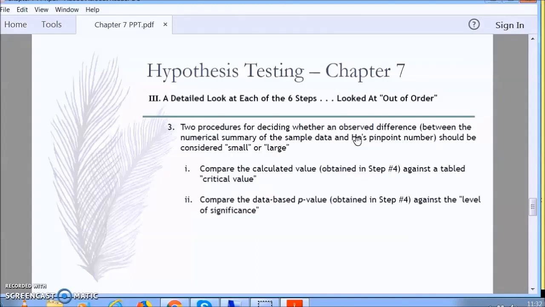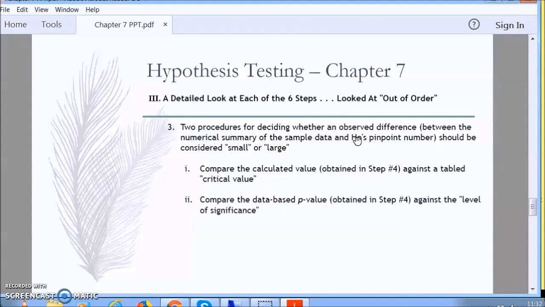So there are two things. One of the big things to note about this is it doesn't matter which process you do. It doesn't matter whether you use the critical value or the level of significance. Both those two procedures will lead to the same decision. If the researcher conducts an F test and rejects the null hypothesis because the calculated value is larger than the critical value, it should be the same thing if the researcher was to compare the database p-value against the level of significance and show that it is smaller than the level of significance.